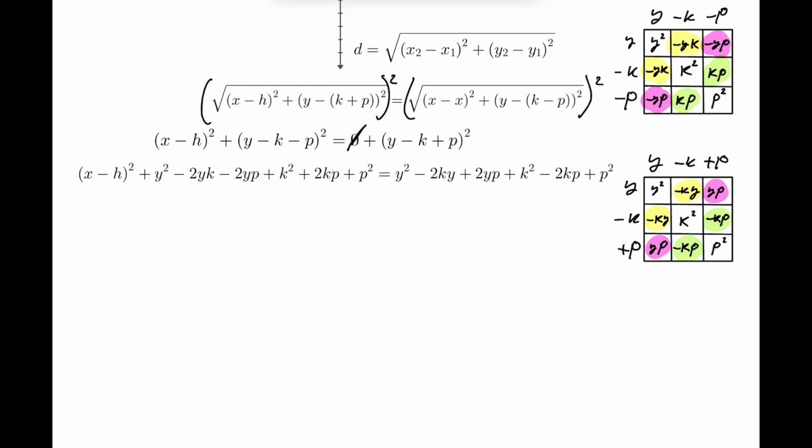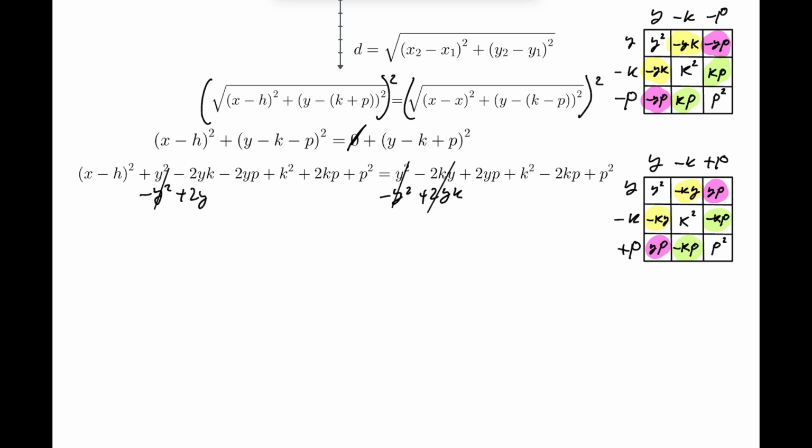So now we need to move like terms. But before we do, there's some things that we can cancel out. If you subtract y squared from both sides, you find that it cancels out because they're both positive y squared. The same thing will be true for yk or ky. If you add 2yk here, and that's just the opposite order, those cancel out.